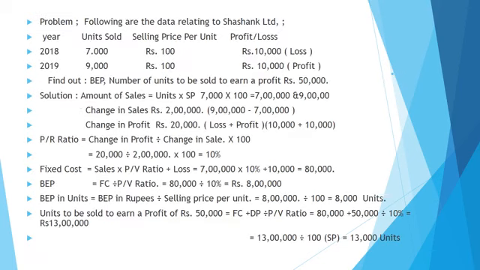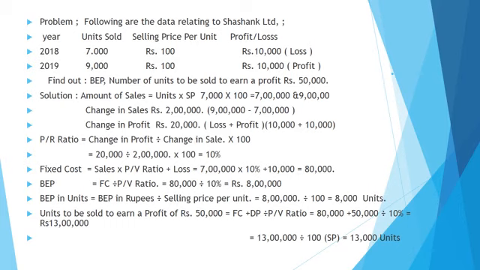One more problem of 2 years information, but the point to be noted is here 1 year there is a loss and in another year there is a profit. Now the problem is following are the data relating to Shashank Limited. Year, units sold, selling price per unit, profit or loss.